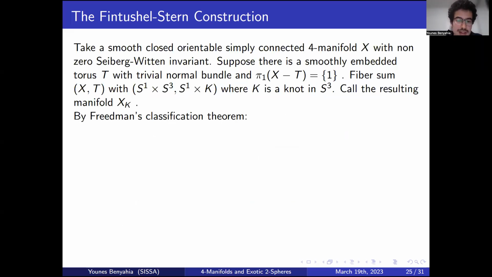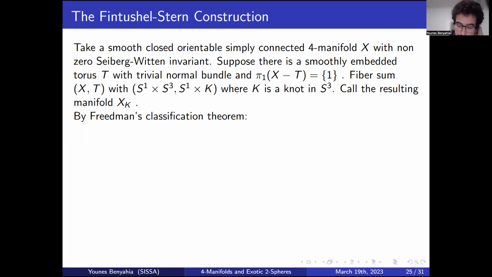Now what Fintushel and Stern do is this: you take a closed, orientable, simply connected four-manifold X with non-zero Seiberg-Witten invariant, and you suppose there is a smoothly embedded torus T with a trivial normal bundle, and the fundamental group of the complement is also trivial.